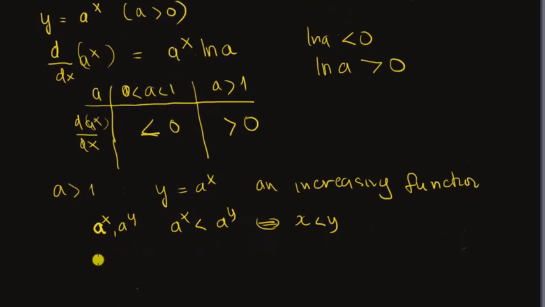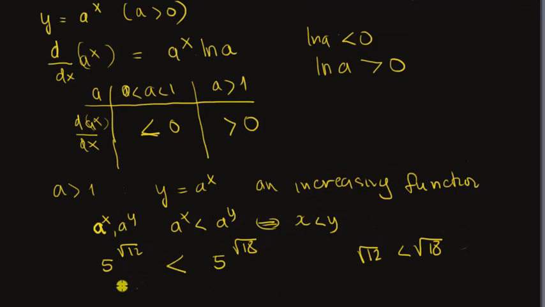Now we need to compare two numbers, 5 to the square root of 12 and 5 to the square root of 18. Now notice that square root of 12 is less than square root of 18. That's why 5 to the square root of 12 power is less than 5 to the square root of 18 power.